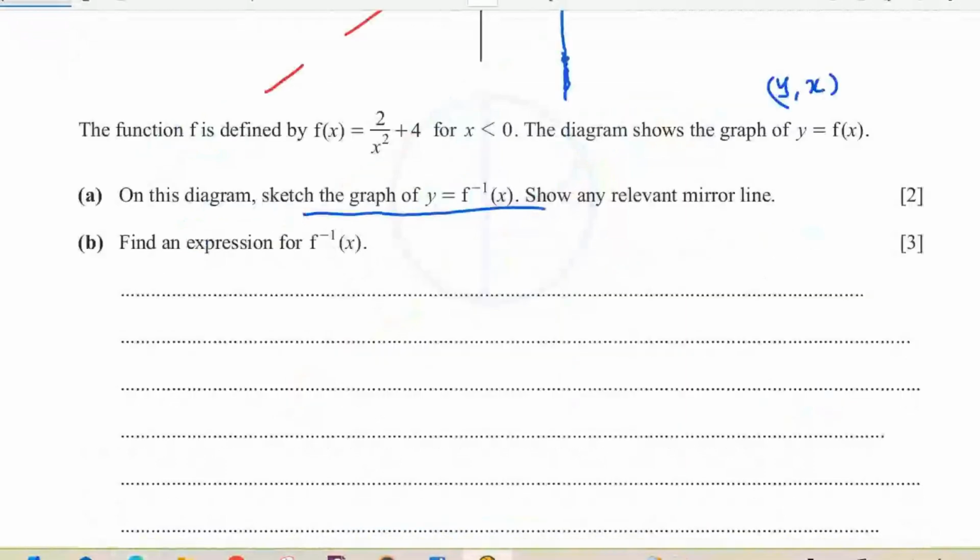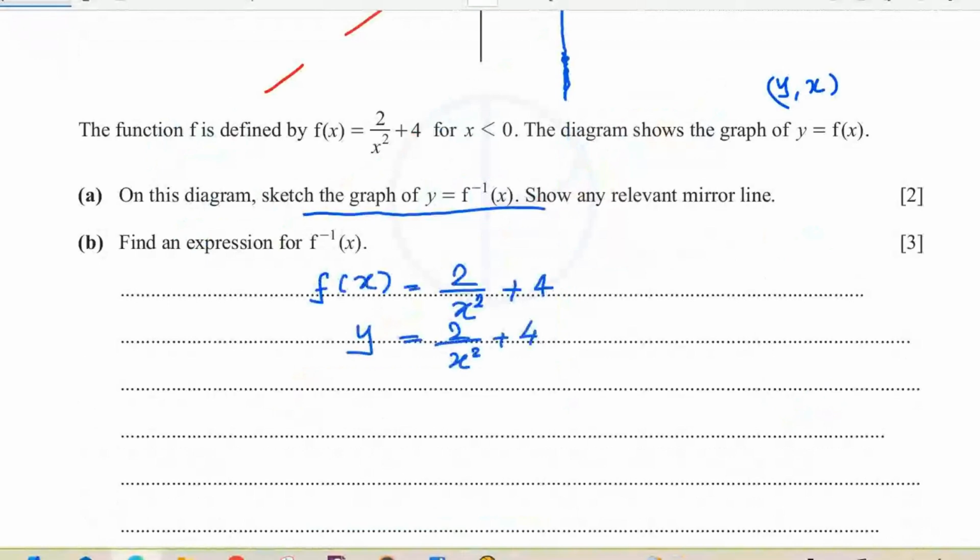Find an expression for f inverse of x. f of x is given as 2 over x square plus 4. Take this function as y equal to 2 over x square plus 4.